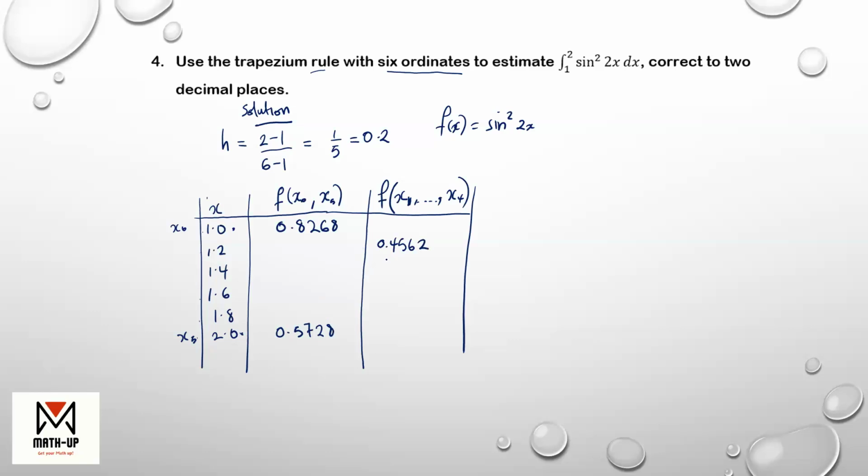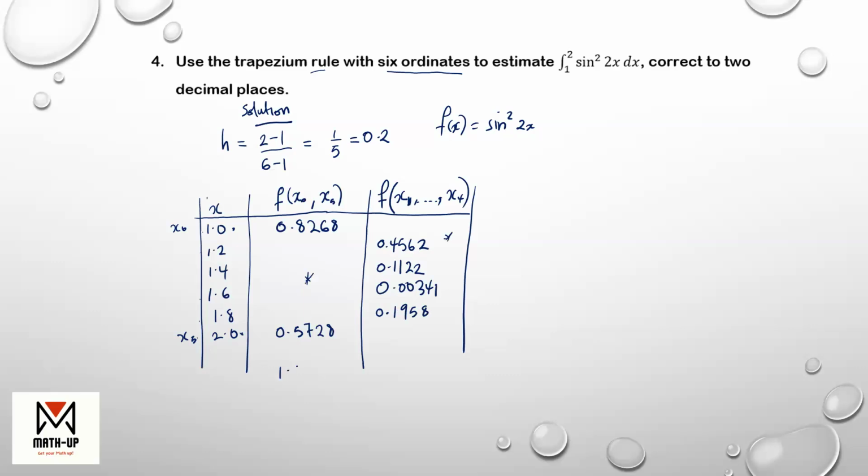For 1.4, we shall have 0.1122. For 1.6, we shall have 0.00341. And for 1.8, we shall have 0.1958. What we shall do is sum up those in this column, and also sum up those in this column.